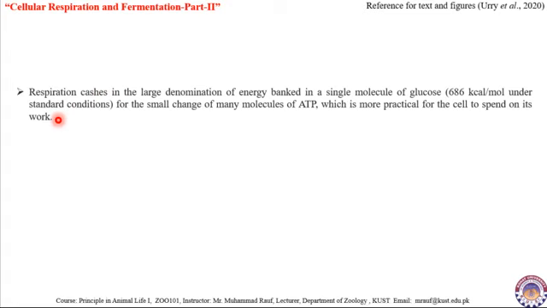So just like you have a currency note of 5,000 and then you go to a bank and the bank gives you several notes of 500 rupees or 100 rupees, and you can use those smaller notes much more conveniently. So this process is also relevant, where the energy is produced and stored in molecules called ATP, and then ATP can be used as per the need of the cell.